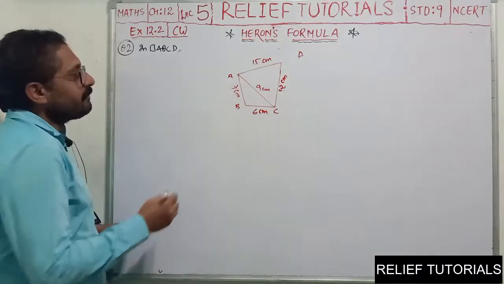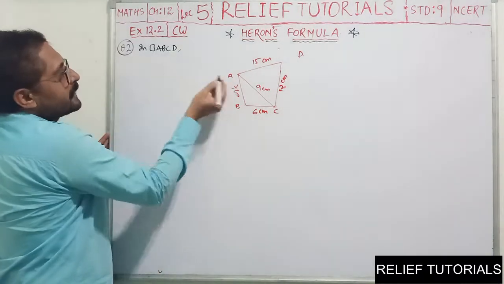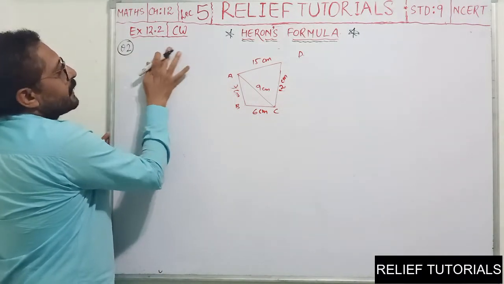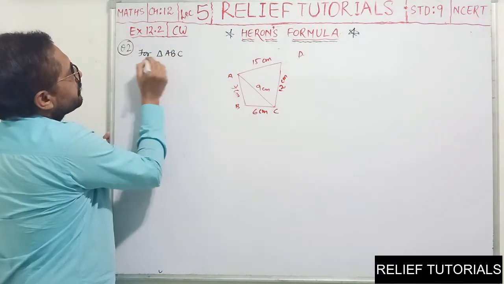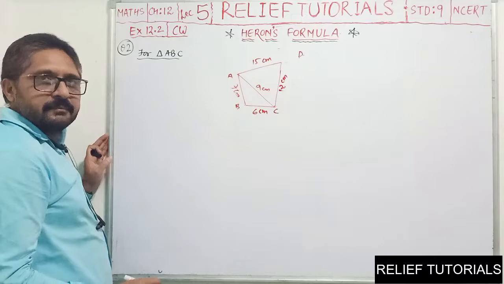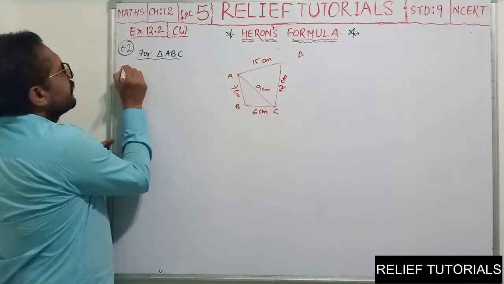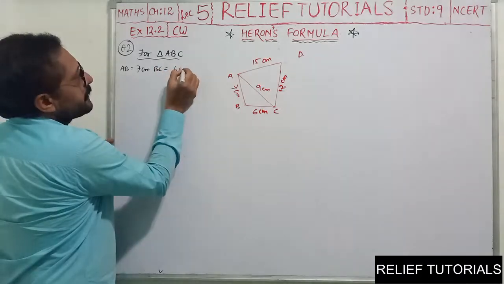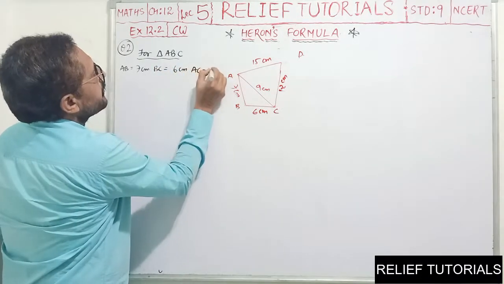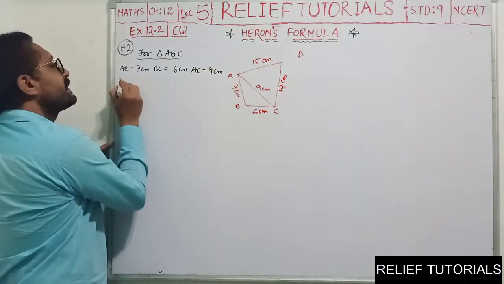Okay, now see. Now, all these dimensions are given. Now we write for triangle ABC. Here, AB 7, BC 6 cm, AC 9 cm. First we will find the semi-perimeter.